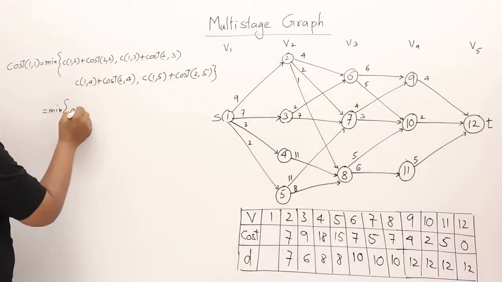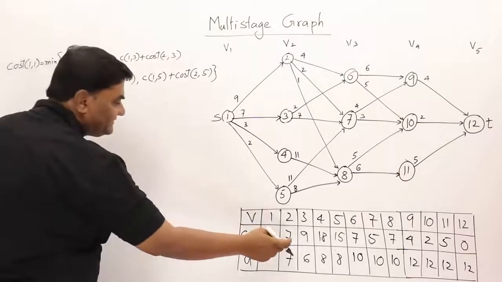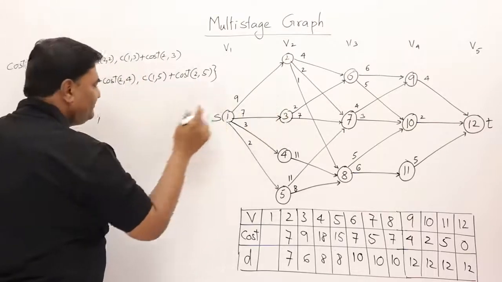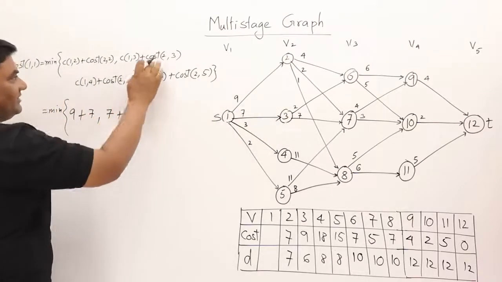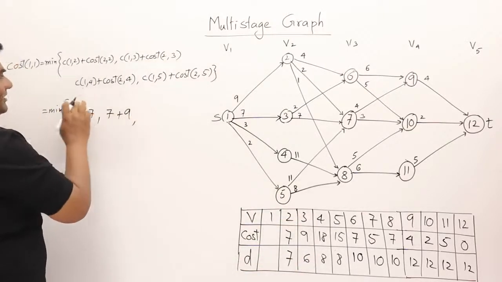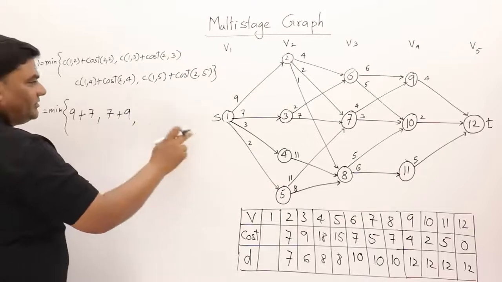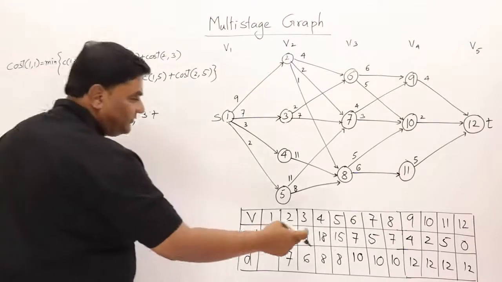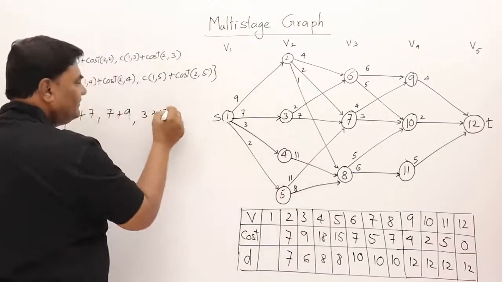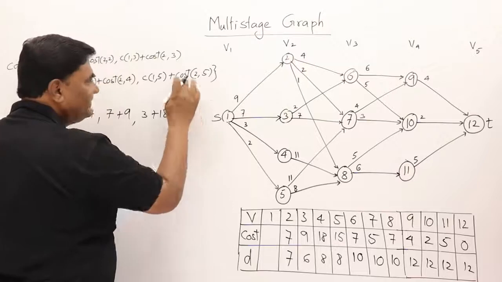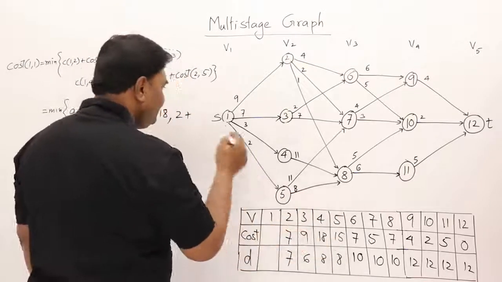So this is 9 plus cost of 2 comma 2 is 7, comma, cost of 1 comma 3 is 7 plus cost of vertex 3 is 9, comma, cost of edge 1 comma 4 is 3 plus cost of 4 is 18, comma, cost of 1 comma 5 is 2 plus cost of 5 is 15.